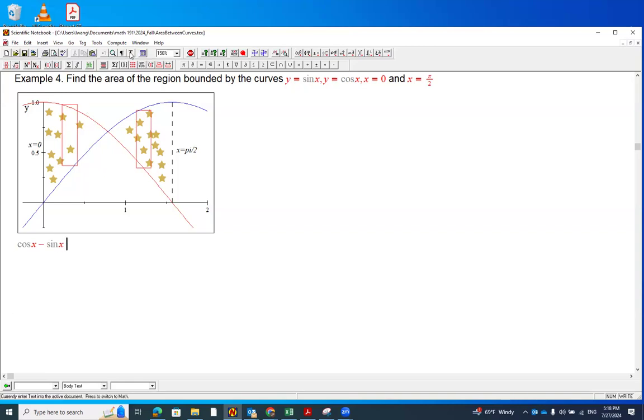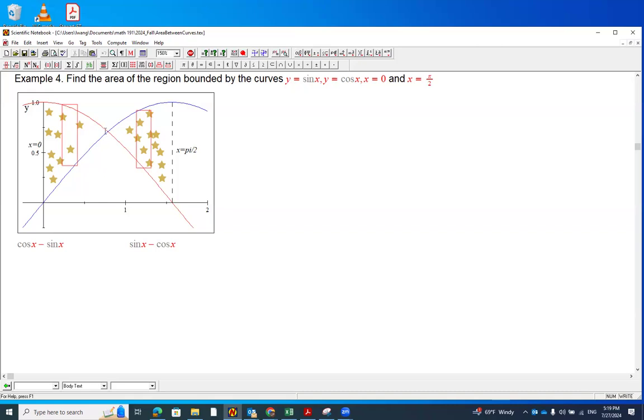On the other piece, the blue is above, so it's sine x minus cosine x.